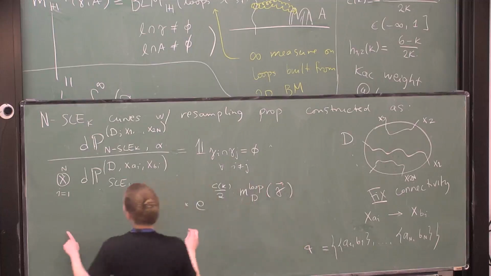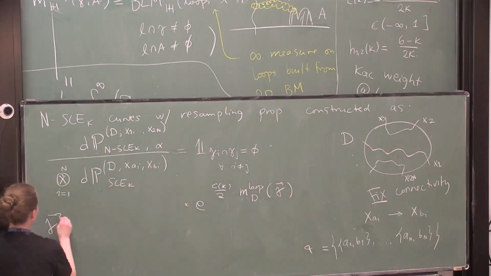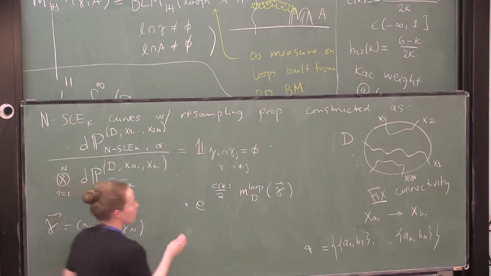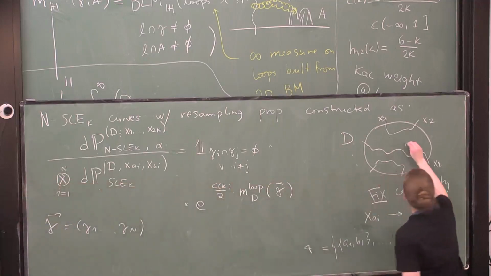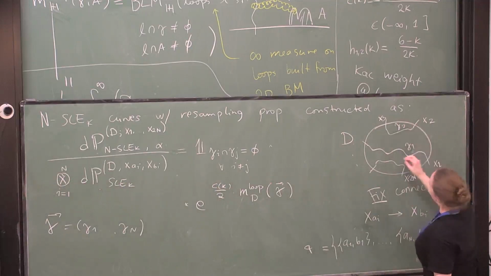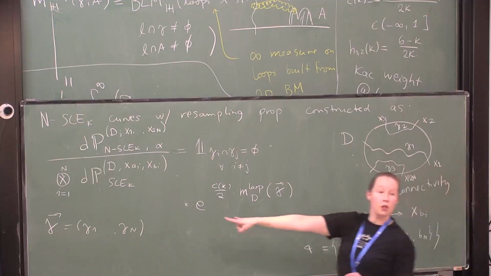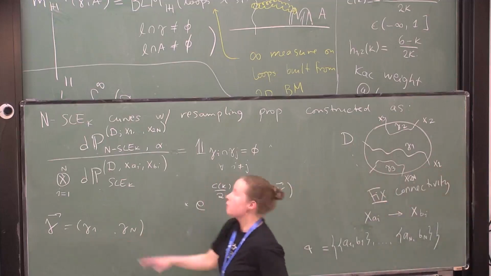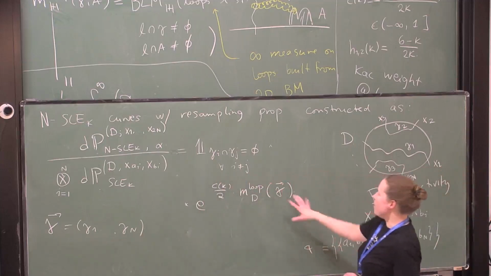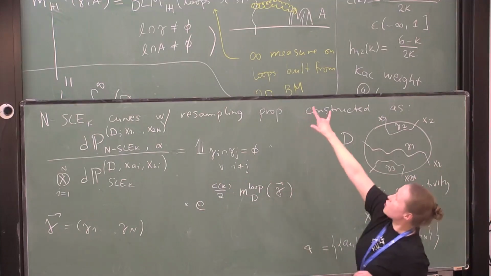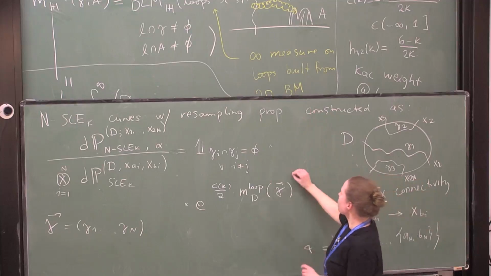Gamma vector is the collection of them, gamma 1, gamma 2, gamma 3. So this is now a collection of random curves with interaction. The interaction is some loop expression that is a generalization of that one. It's all in the exponential.